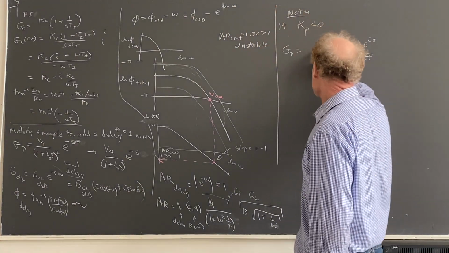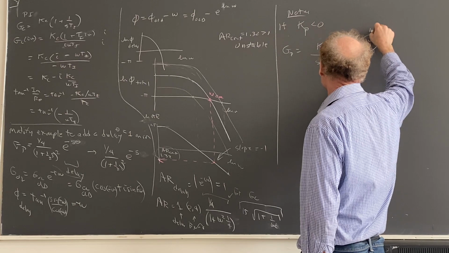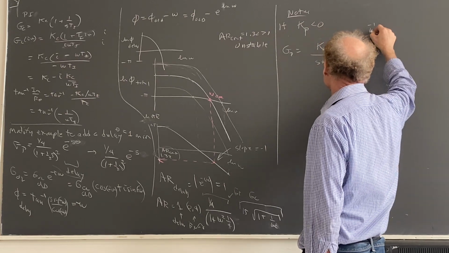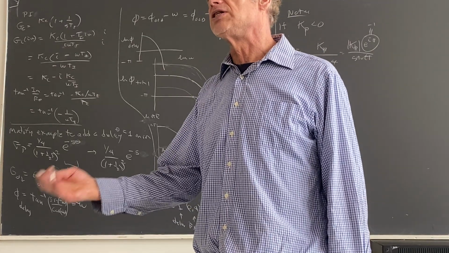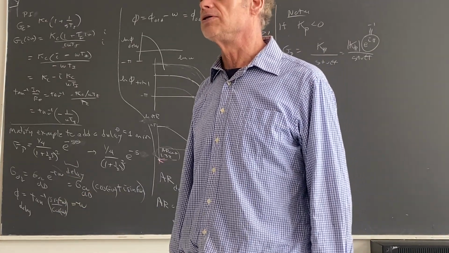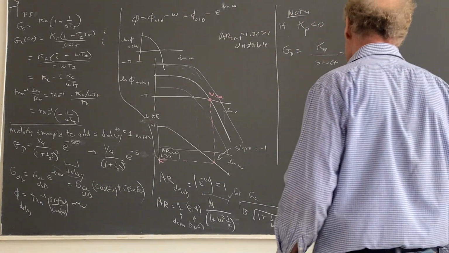Since Kp is negative, I'm going to take the negative out, because e to the i pi is minus 1. It's the cosine of pi, which is minus 1, plus i times the sine of pi, and sine of pi is 0. It's just minus 1. It's another, nice confusing way of writing minus 1.